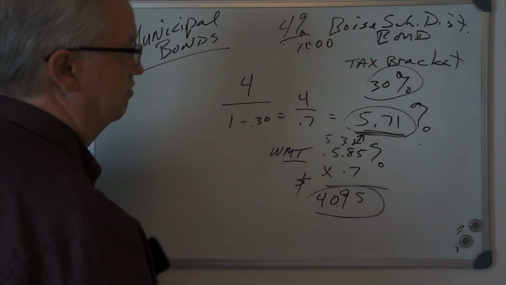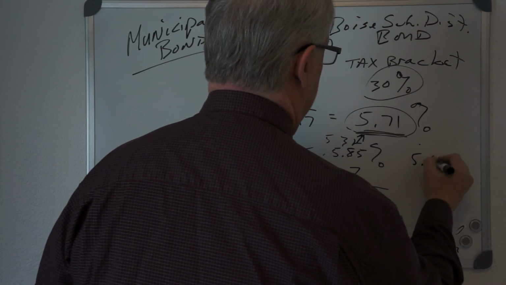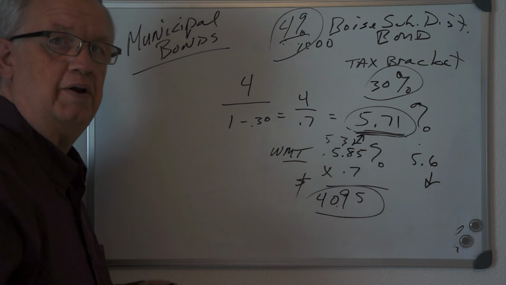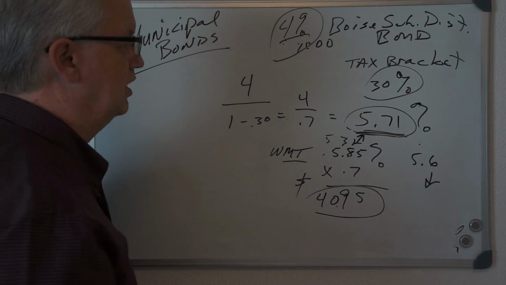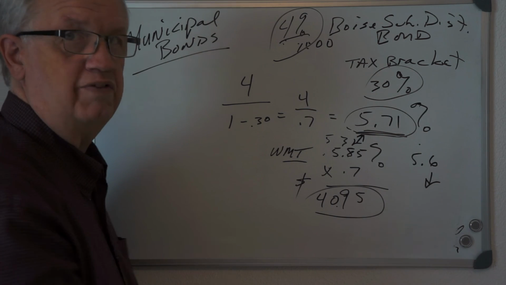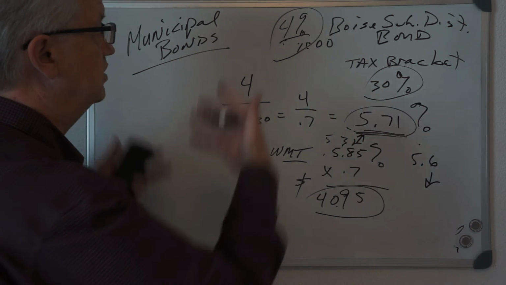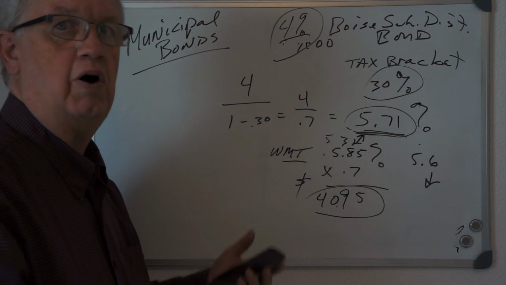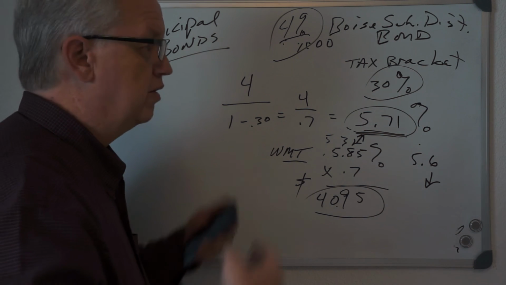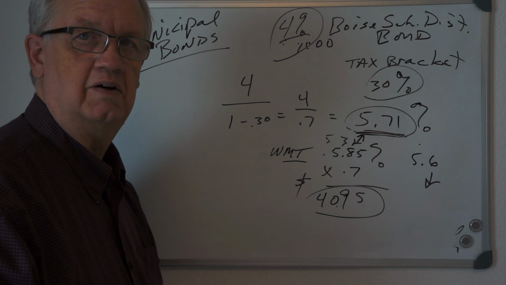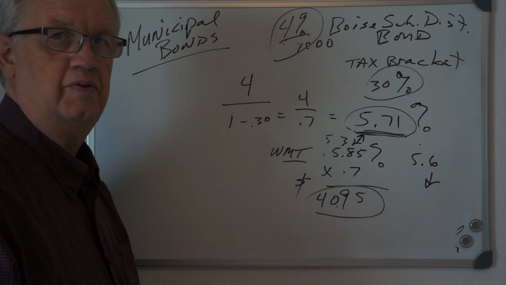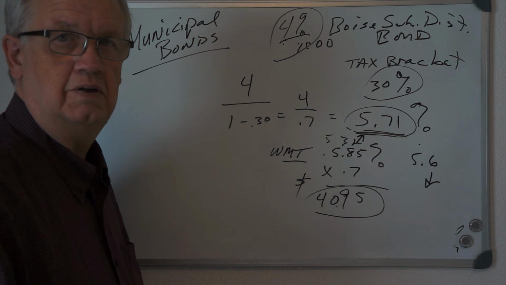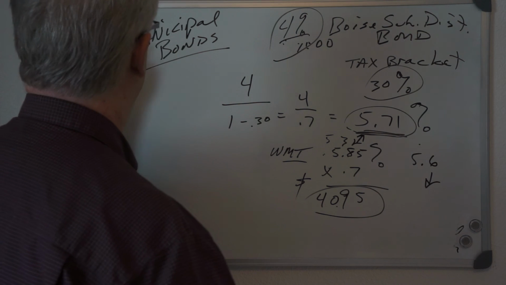If I could only find 5.6 or less, it would be better to go to the 4% bond. That's the type of questions you're going to get. Do the math, find the equivalent, but also, here's a scenario, this bond or this bond: which bond would give better after taxes for the individual? Okay, that's bonds, that's municipals.